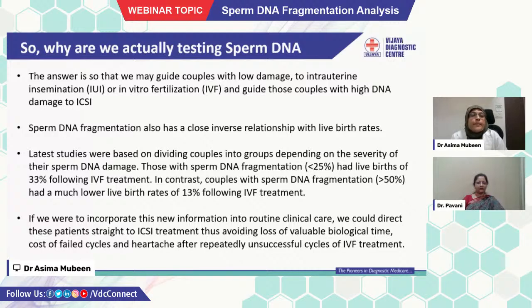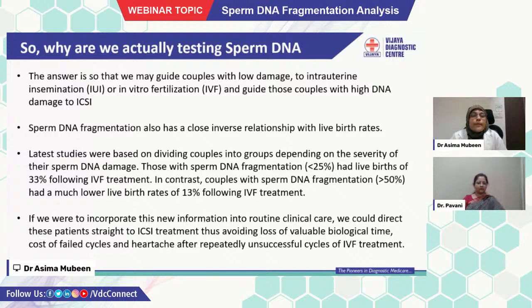Latest studies were based on dividing couples into groups depending on the severity of their sperm DNA damage. Those with fragmentation less than 25% had live births of 33% following IVF treatment. In contrast, couples with sperm DNA fragmentation more than 50% had much lower birth rates of 13% following the IVF treatment.